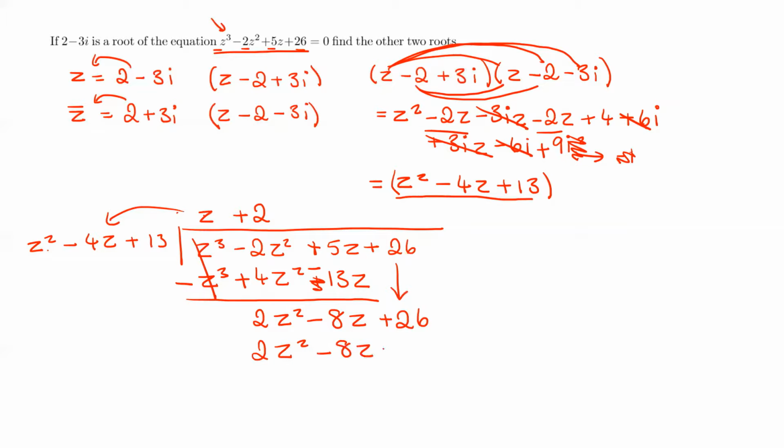minus 8z plus 26. Again, we change all the signs, so the 2z squared becomes a minus 2z squared. The minus 8z becomes a plus 8z, and the plus 26 becomes a minus 26. And then if we add them all up, they all cancel each other out, and we get 0.